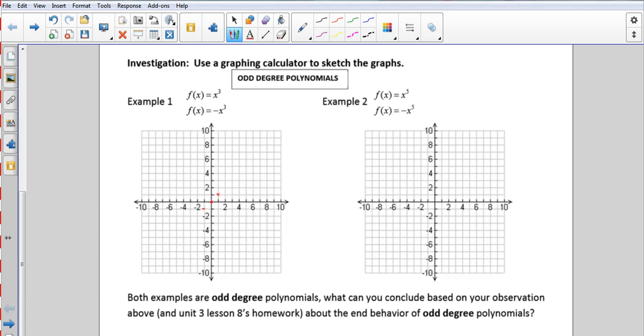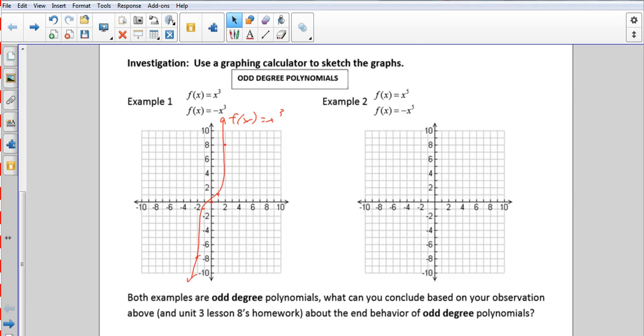But we also get negative 2, negative 8, and positive 2, positive 8. So we get a general shape, which we talked about before, that looks something like this.